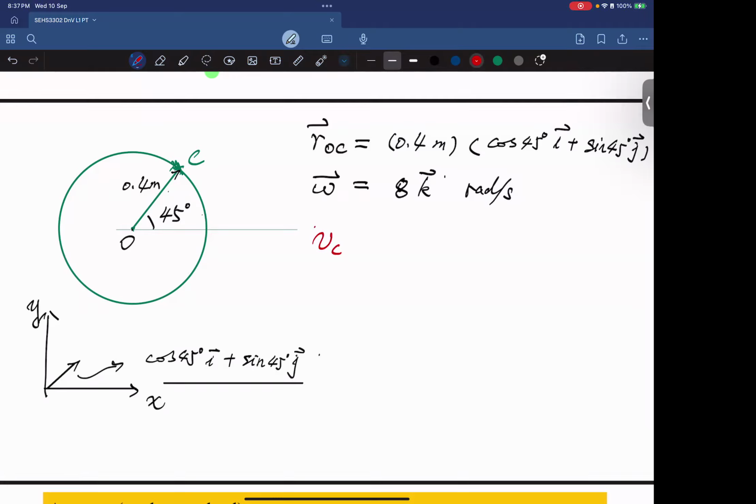Therefore, VC is omega. Put omega in front of R. Okay, keep this order. If R is in front of omega, you're going to get a negative value, which is incorrect. Omega must be in front of R. Omega cross R, which is 8K cross 0.4 meter.